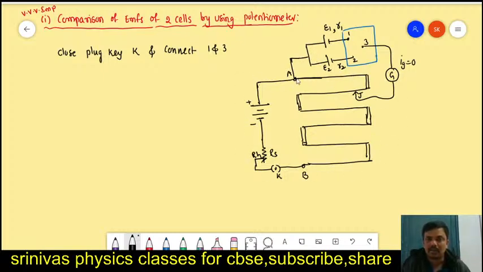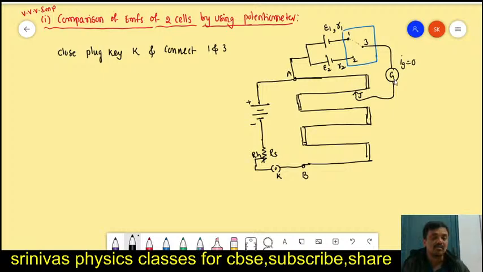Extra, we are connecting the two cells whose EMFs are compared in the secondary circuit. First we connect 1 and 3, like this. When you connect 1 and 3, the second cell is not active, the E2 cell is inactive. Then press the jockey at various points until the galvanometer shows zero deflection.